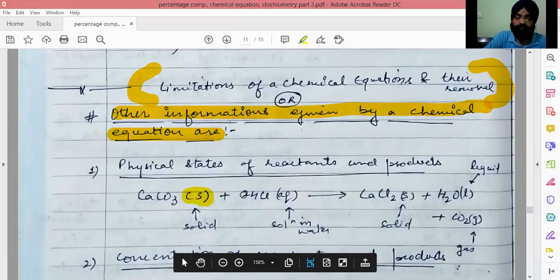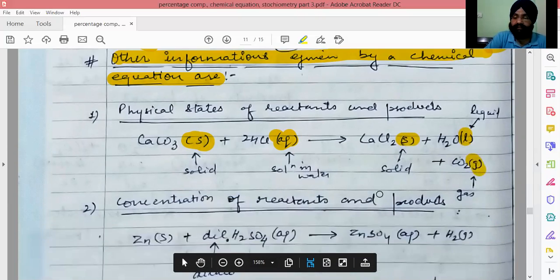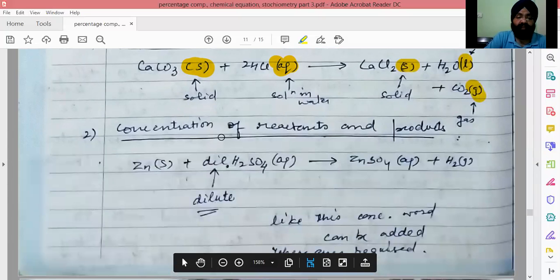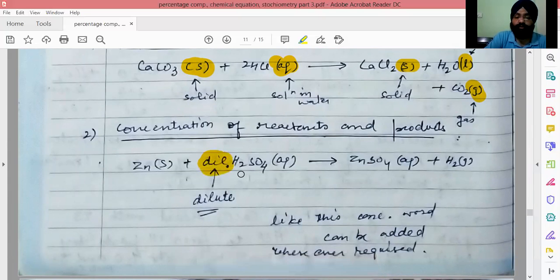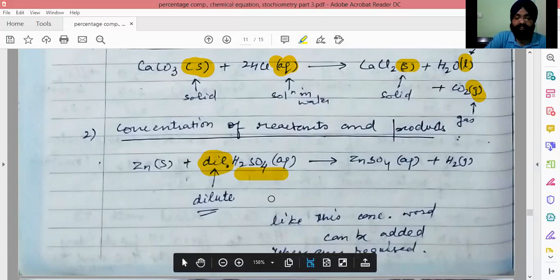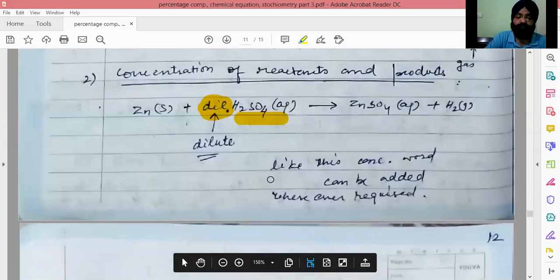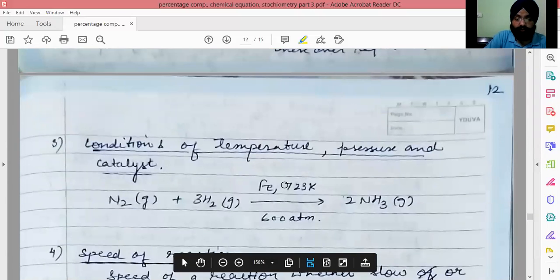Earlier it was not there, but now we are writing these: S for solid, AQ for aqueous solution, L for liquid, and G for gases. Concentration. So this word dilute is representing the dilute sulfuric acid in the reaction. And similarly, if we are using concentrated, we can write concentrated here.